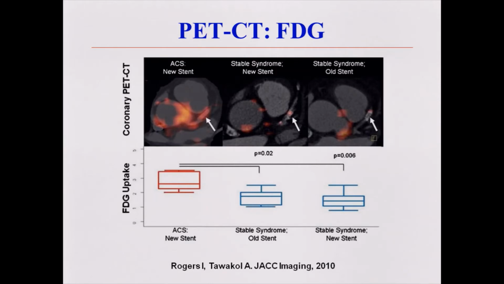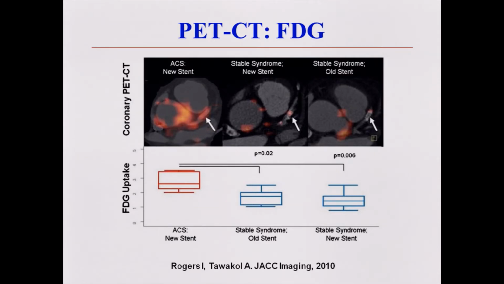This is people who had stents due to symptomatic occlusions, but not acute coronary syndromes, and there's certainly a suggestion of less FDG uptake. So this was an intriguing study that suggests that maybe FDG could be used to image plaque vulnerability. But if you look at this image, you also see what the challenge is: you see a lot of FDG uptake all over the place.